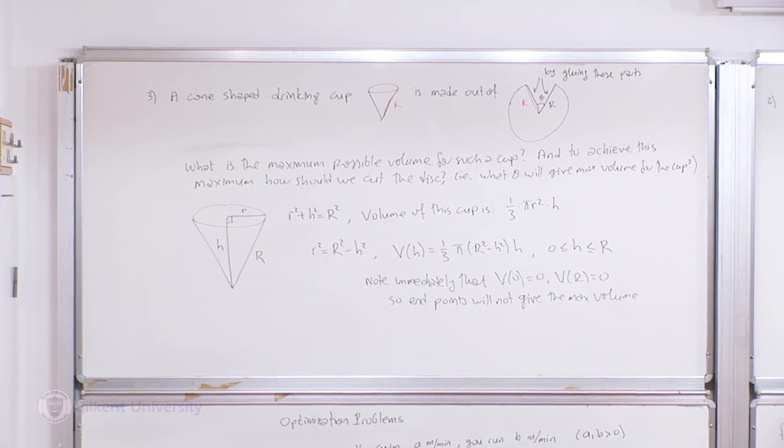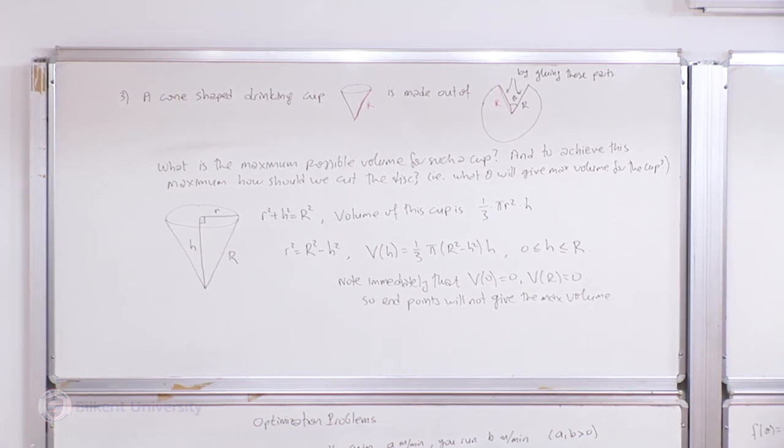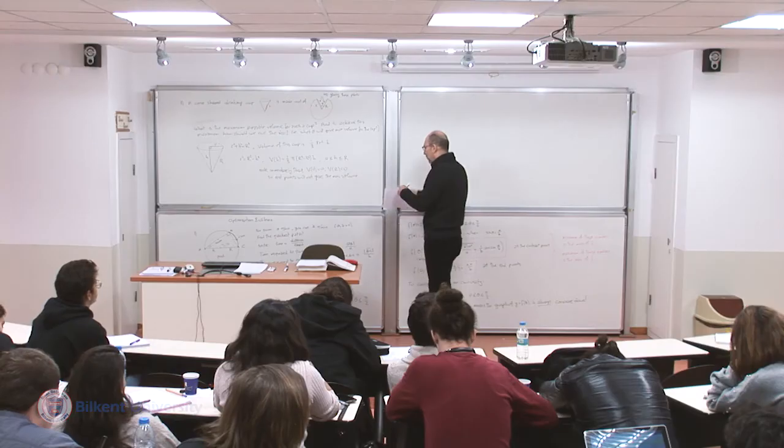We'll take the derivative and equate it to 0. Now we are confident that if we get only one critical point, that's going to be the maximum. If we get two critical points, then one of them has to be an inflection point. If this is going to be a local maximum, then it has to go up again, but eventually it has to go to 0. That will contribute another critical point. So let's check how many critical points we have.